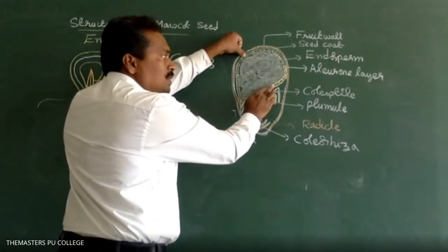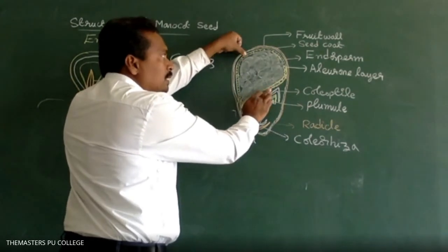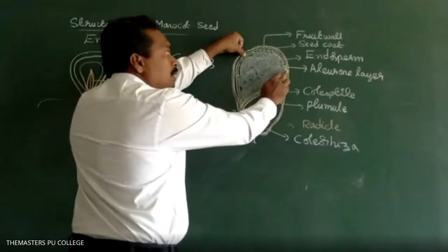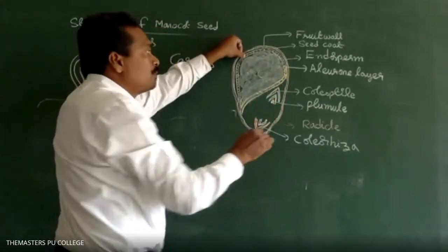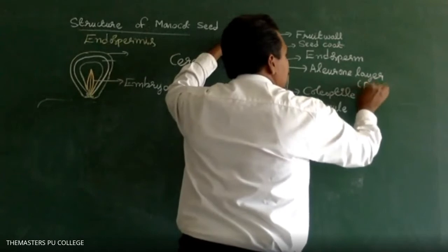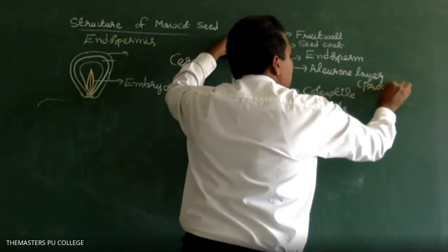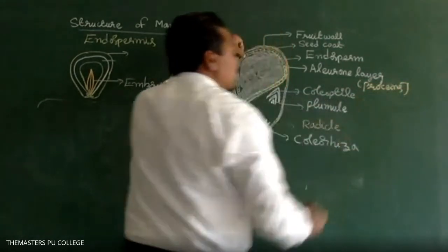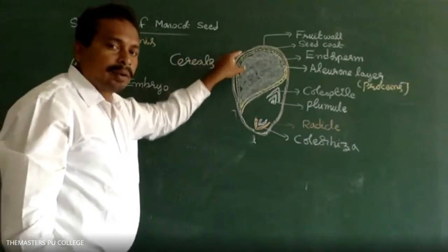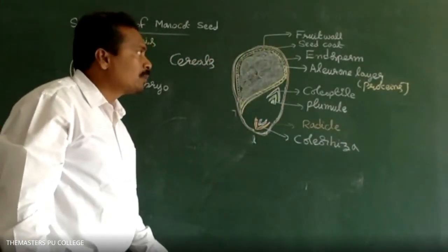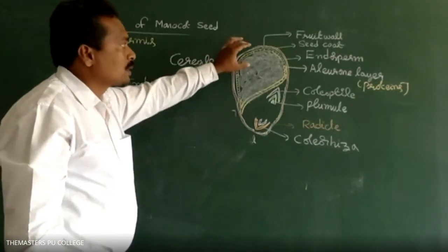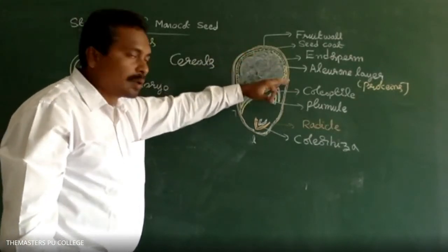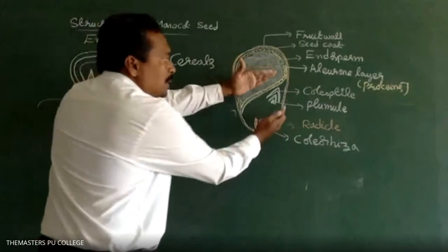Which is the outermost layer of the endosperm in this diagram? The aleurone layer. Yes. The aleurone layer is made of proteins. The outermost layer of the endosperm, the aleurone layer, separates the embryo.